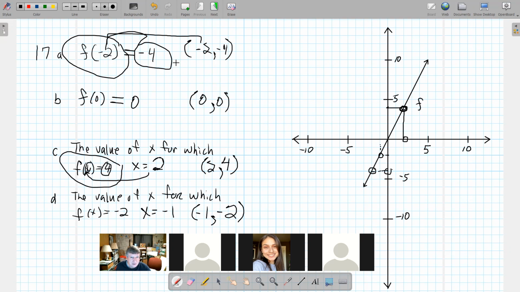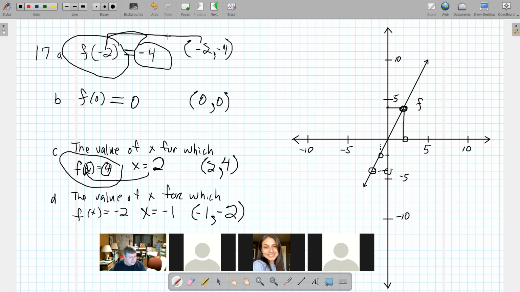Okay, I was confused about that too, between the f of x and the f of s or whatever. Whatever letter it is, it's not multiplication.